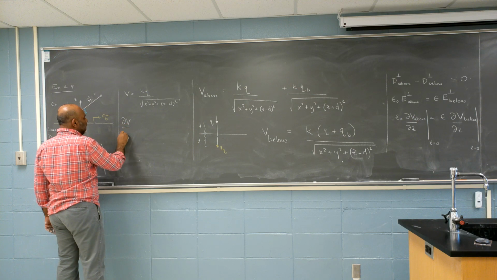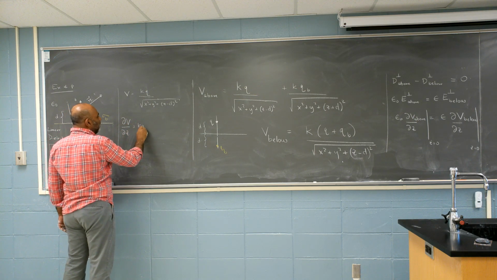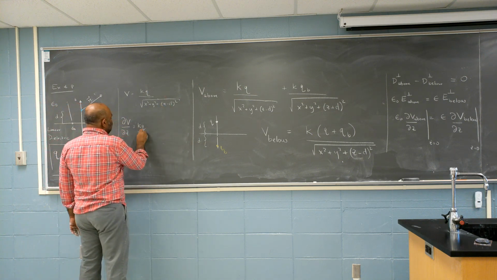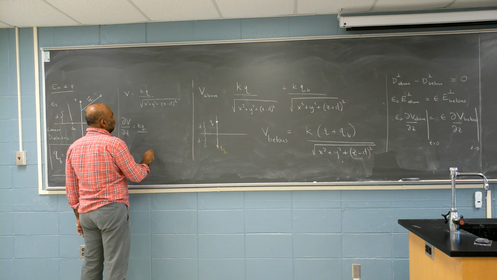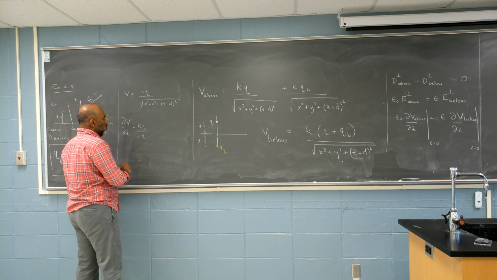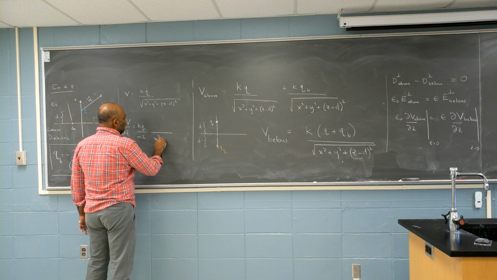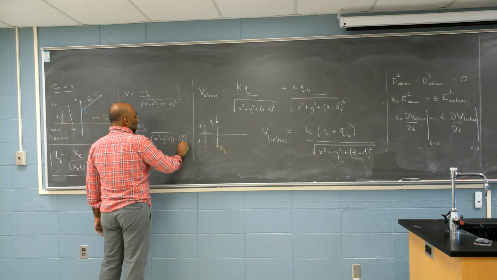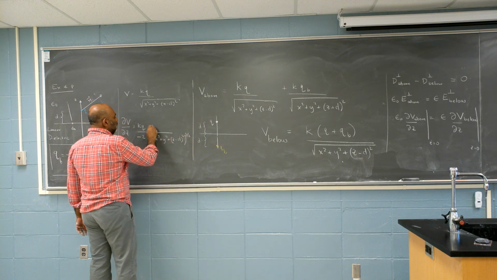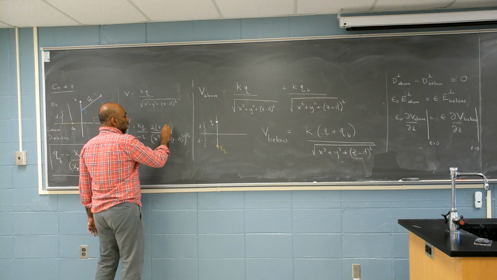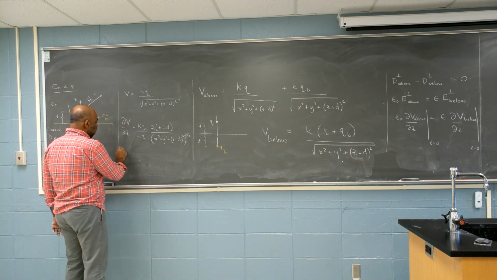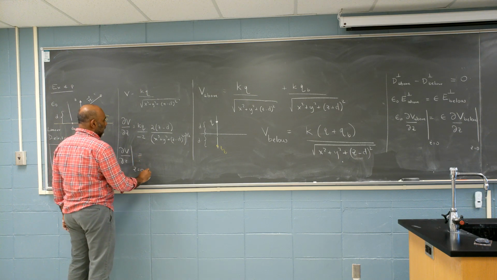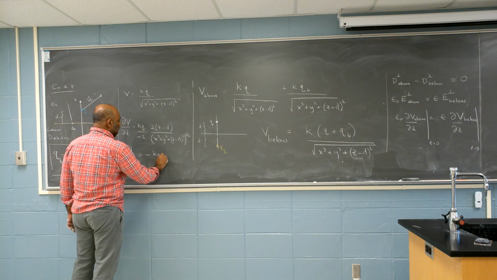What is dV dz? It's kq. I'm being sloppy here. This is not part of the main narrative. This is minus 1/2, so I get minus 2, and then I get x squared plus y squared plus z minus d squared to the 3/2. Then I get 2z minus d. And then I let z equal to 0. I get minus kq d.